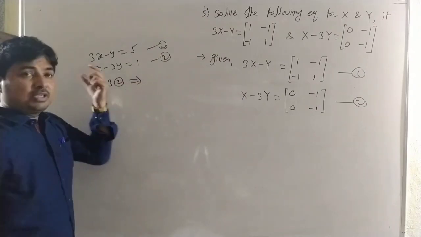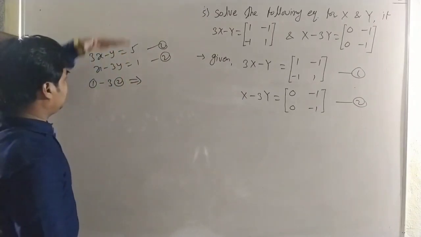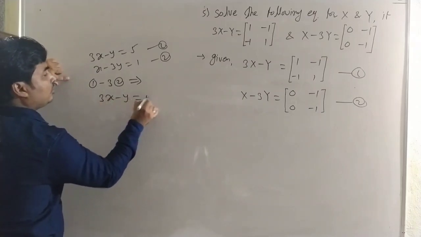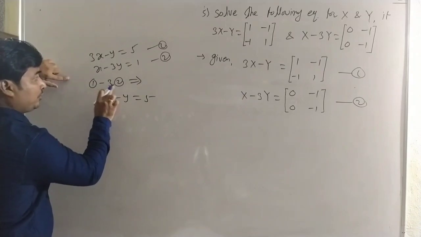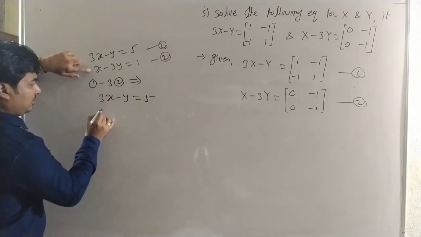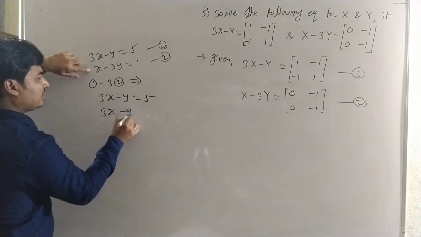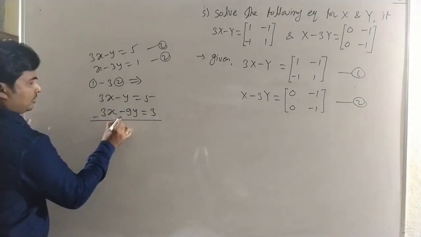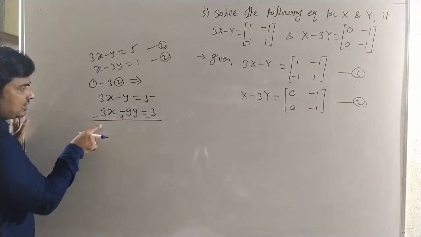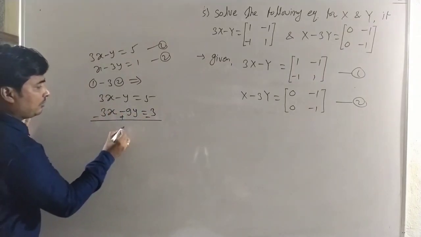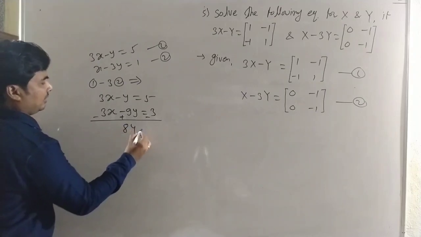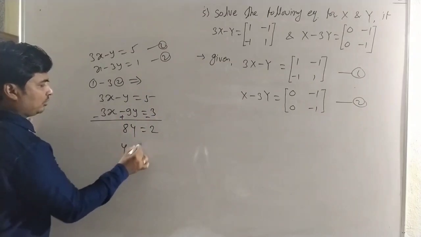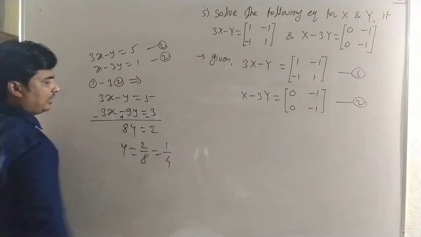This gives 3x minus y is equal to 5, equation 1 as it is, but for equation 2 we multiply by 3, therefore it is 3x minus 9y is equal to 3, and then here you subtract, so 3x gets cancelled, minus y plus 9y, it is 8y, and here it is 2. Okay, 5 minus 3 is 2, therefore y is equal to 2 by 8, that is 1 by 4, it is the value of y.